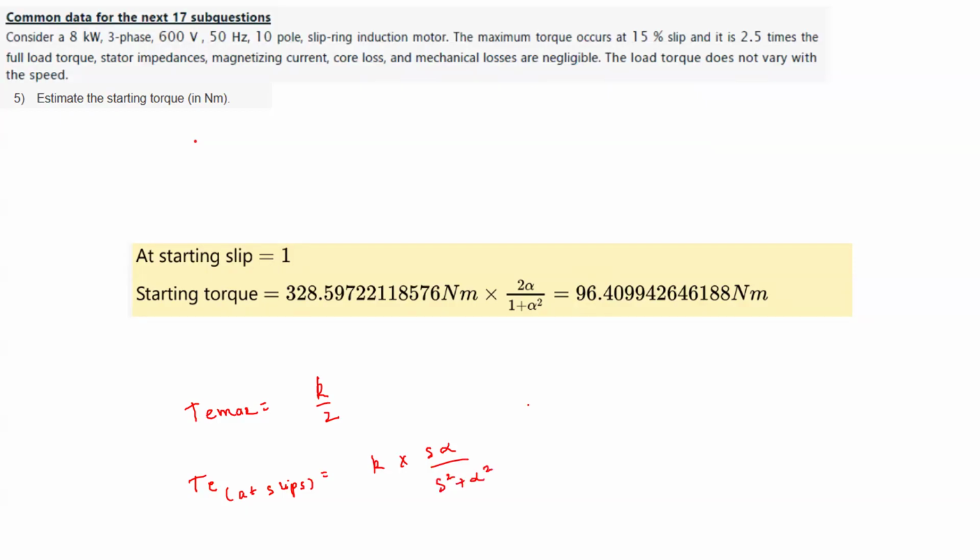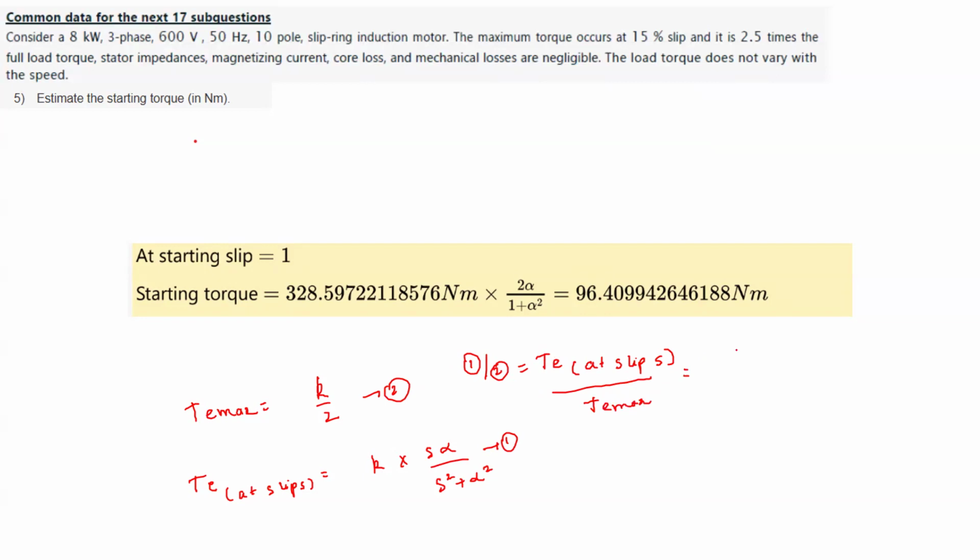If you take the ratio of the two, let us say this is equation 1 and this is equation 2, so 1 by 2. This is T at slip S divided by T max.